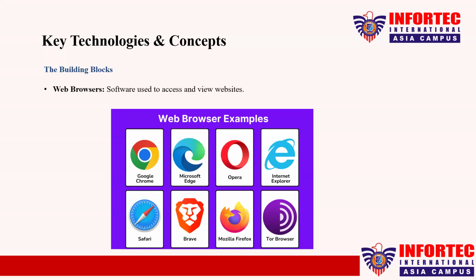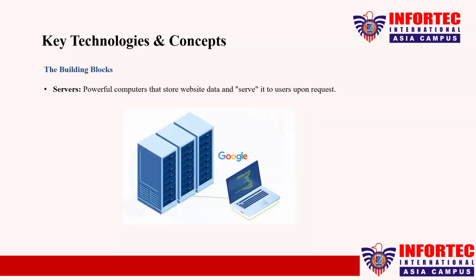Most of these web browsers are freely available. You use this web browser to access the internet. If you don't have a web browser with you, then you can't access the internet, right? We call these web browsers. And this is where I use the term container.